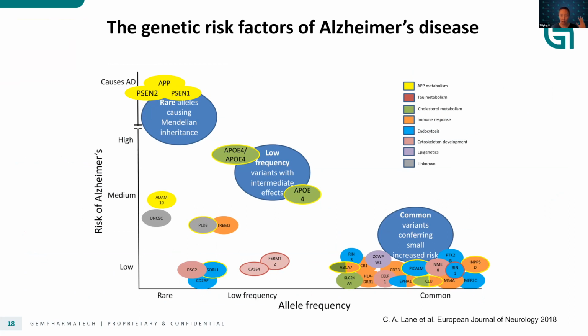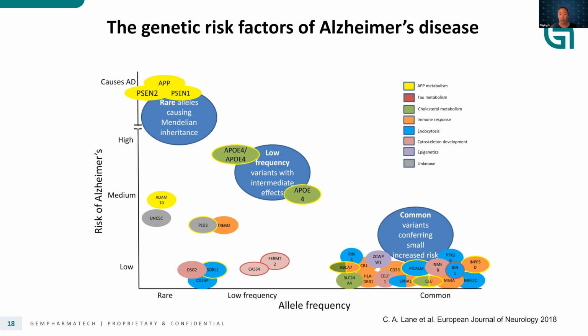On the left side, on the top, there are several genes that are high-risk alleles for causing Alzheimer's. However, they are very rare among human patients. And on the opposite side, there are a lot of other genetic alterations in the genome. However, their chance of causing the disease is much lower than the genes that are in yellow.